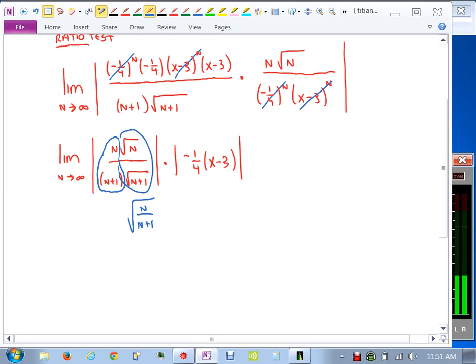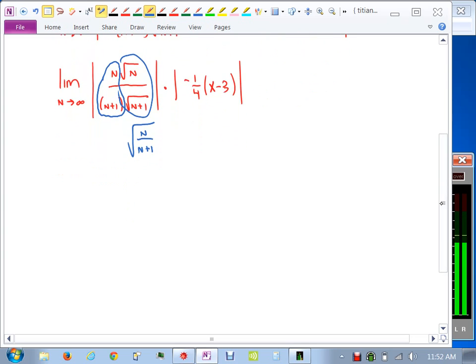And now what's inside that root? 1, and the square root of 1 is 1. So you really have a 1 times 1 there, don't you? That's just one way you could do it. You could also convert it over to 3 halves. In any event, you need to determine that that's a 1.